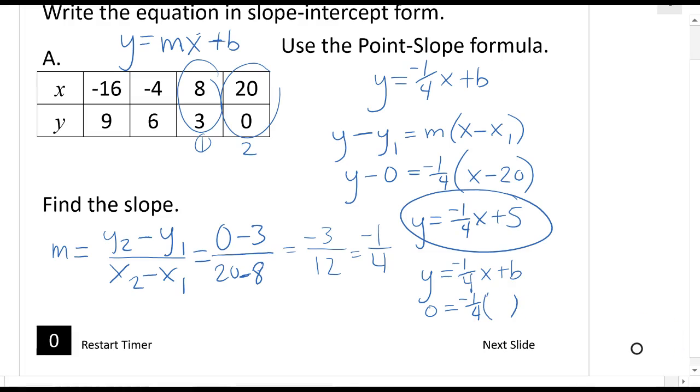I'm basically just using this point up here, this 20 and 0. And now I can just solve for b. Okay, so 1/4 of 20 is 5, but it's negative. And I know if I move this to the other side, it's going to be positive, so b equals 5. Okay? And that's it.